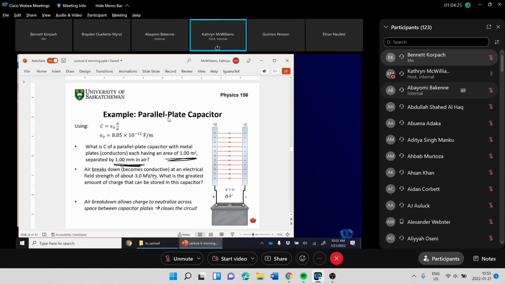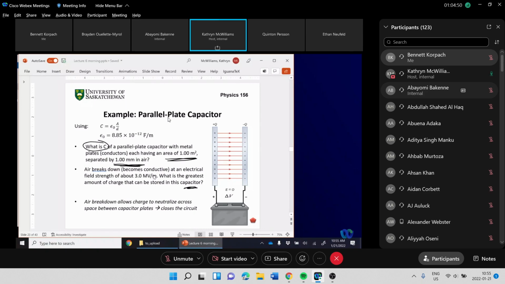And they're separated by quite a large distance compared to the capacitors you put into a circuit. But we want to find the capacitance of this device, and then figure out the greatest amount of charge we can hold on this capacitor if we're right at the maximum voltage or electric field that the device can handle.